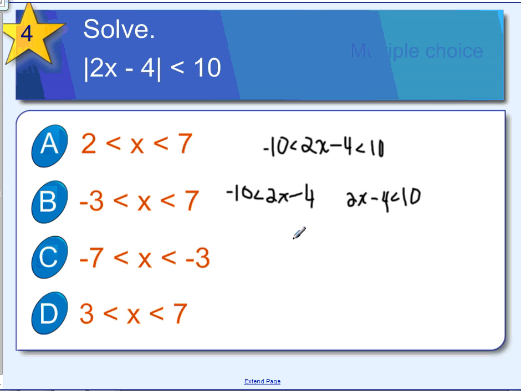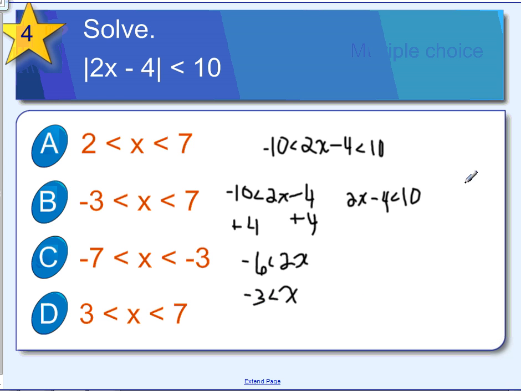All right, so now that I have my two inequalities split up, I can go through and solve them. I'm going to add 4, add 4. So now I'm going to have 2x is greater than negative 10 plus 4, which is negative 6. Divide by 2, so I'm going to have x is greater than negative 3.